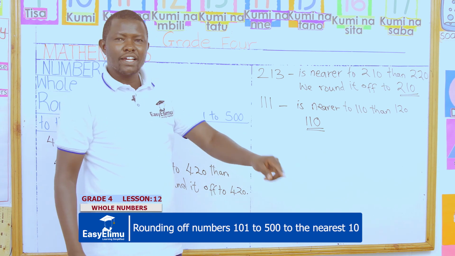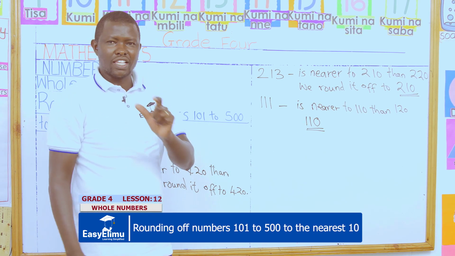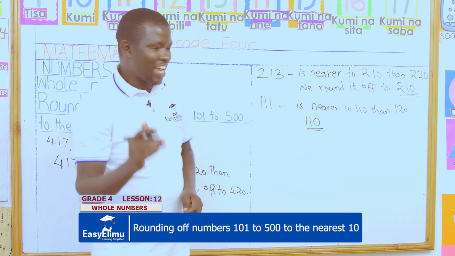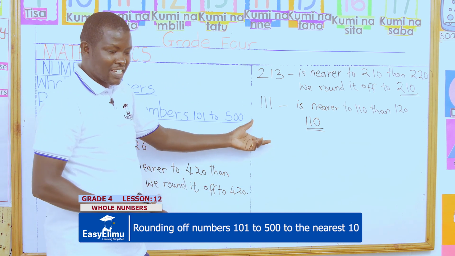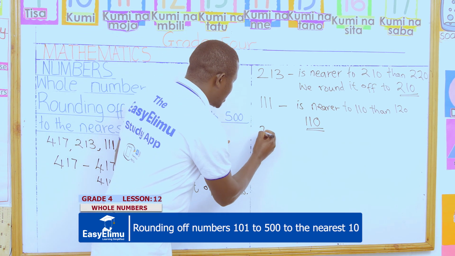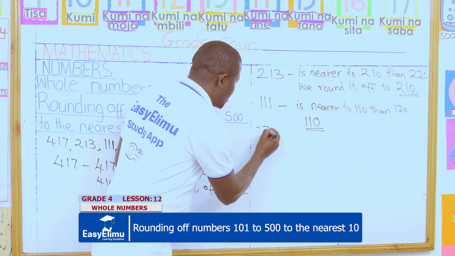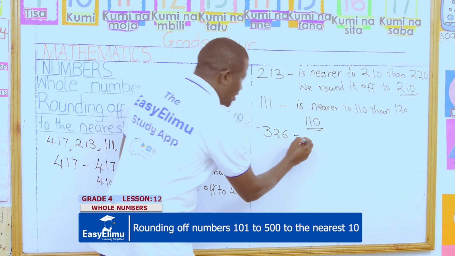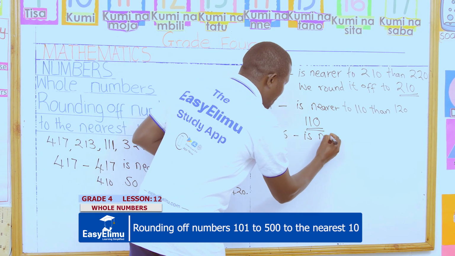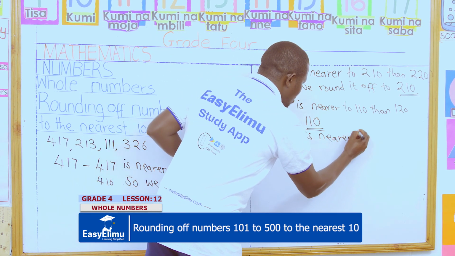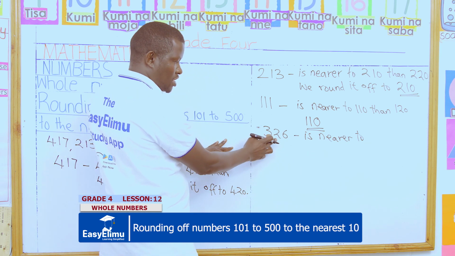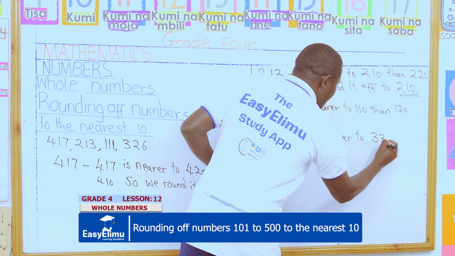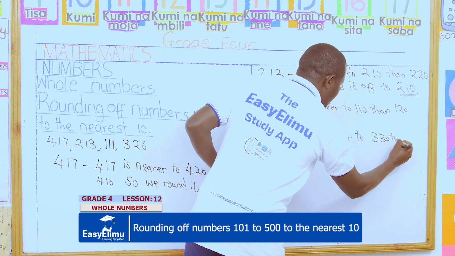And the last number is 326. When you round it off, Victoria, what have you gotten as your answer? 326 is nearer to either 320 or 330.